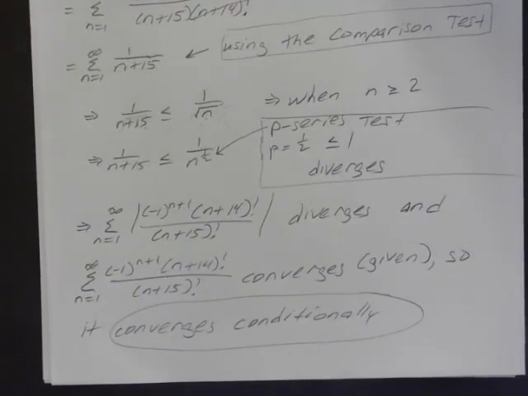Oh, yes. I thought that 1 over the square root of n is larger than 1 over n plus 15, so it diverging won't tell us whether 1 over n plus 15 converges or diverges. You said, I'm sorry, I missed half of that. Because 1 over the square root of n is larger than 1 over n plus 15, I would have thought that it diverging doesn't tell us anything about 1 over n plus 15.